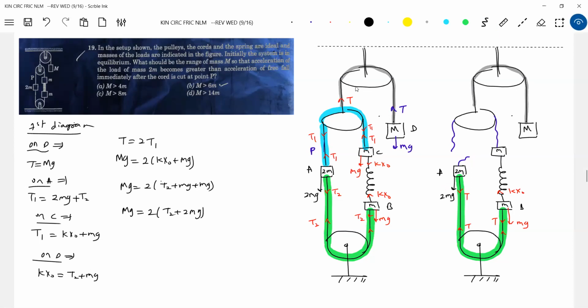Now look at this. The spring force will not change, kx naught, so this will be mg. What will happen to this particular block D? Definitely it will try to move. I may ask you further about the blocks A, B, C, D, all. So D must move down, and C must move down.